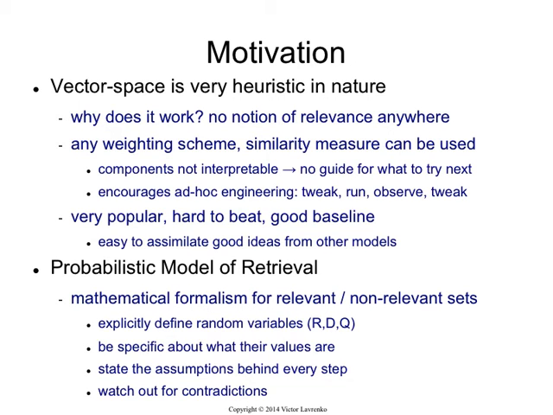We're going to be very specific about what the possible values for those variables are, and we're going to try to prove a couple of simple things and then derive a ranking formula by making a sequence of assumptions. So you will actually understand what you're assuming when you're making certain transformations to the formula.